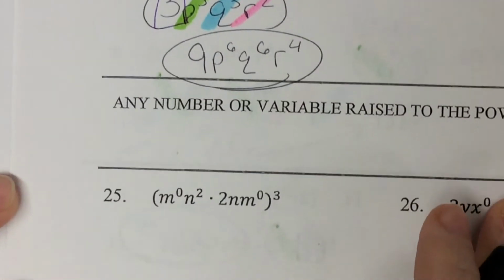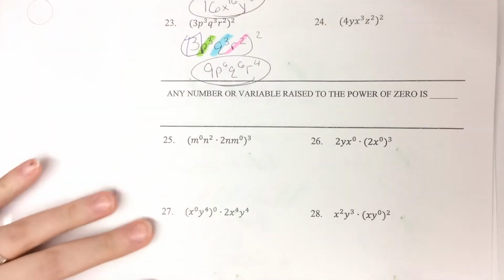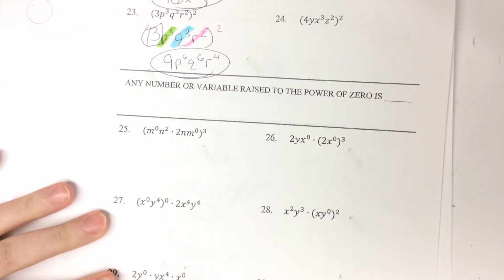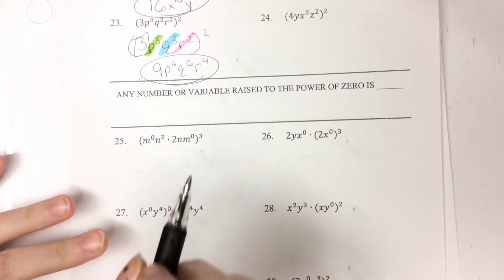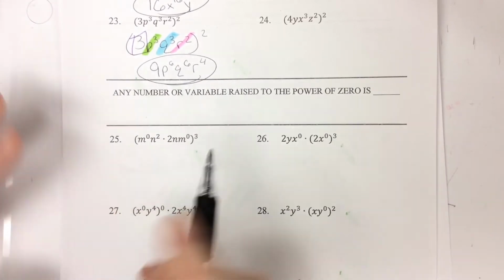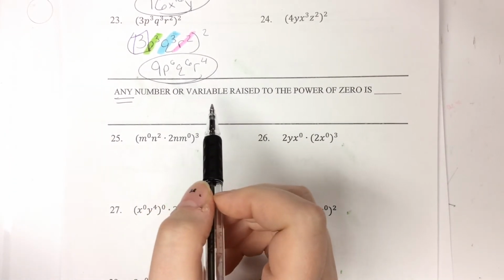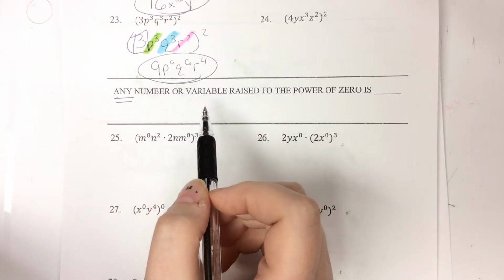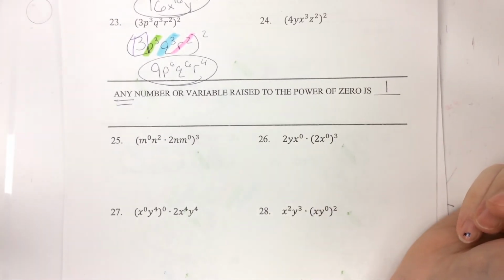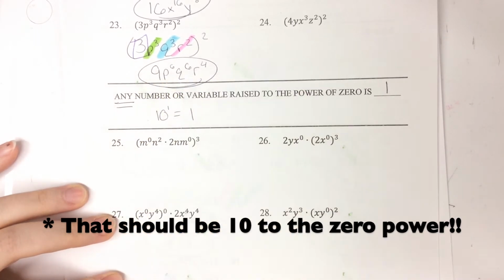Okay. All right, one last part of this that we need to look at, and that's called the zero exponent property. Now, listen very carefully to what I'm going to say. It's very, very easy. Any number, or variable that is raised to the power of 0 is 1. Always, always, always. So if I tell you 10 to the 0 power, it's 1.